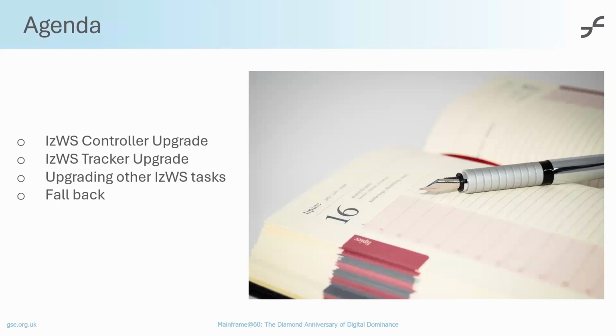Then we will see the tracker upgrade, how to perform a tracker upgrade, and then how to upgrade all the other IzWS tasks. And the latest part will be about the fallback. So if anything goes wrong during the upgrade, how to fall back to the previous version without any problem.